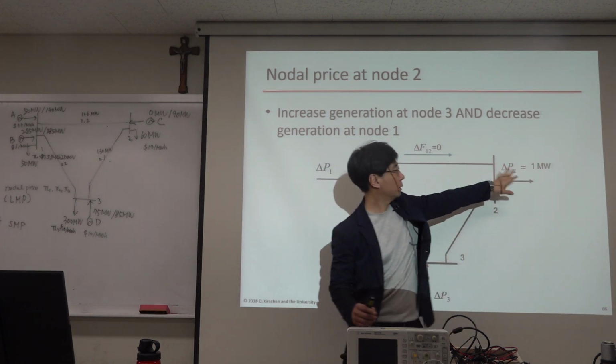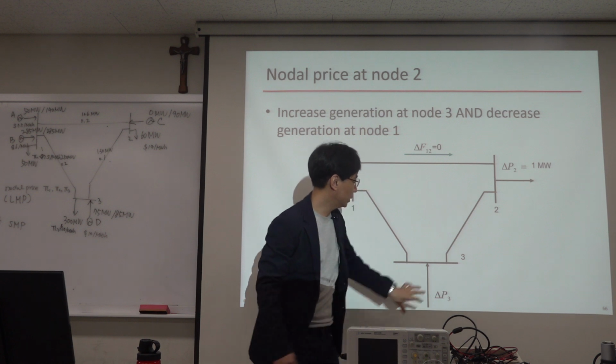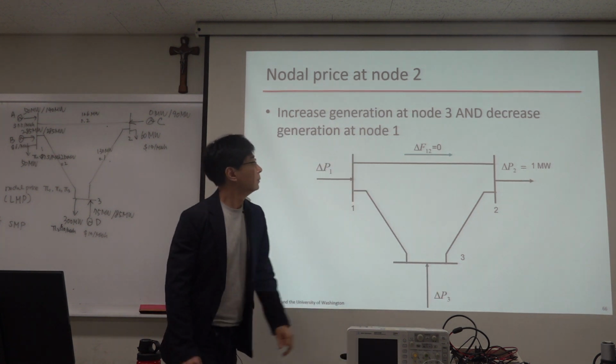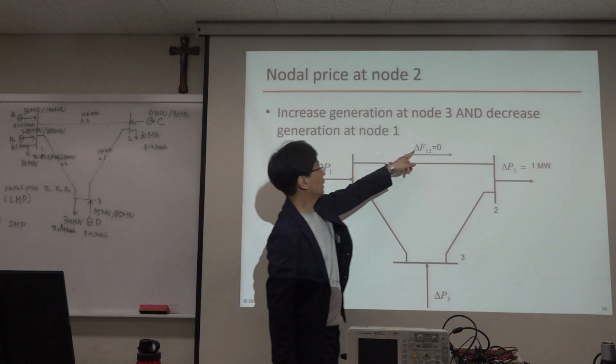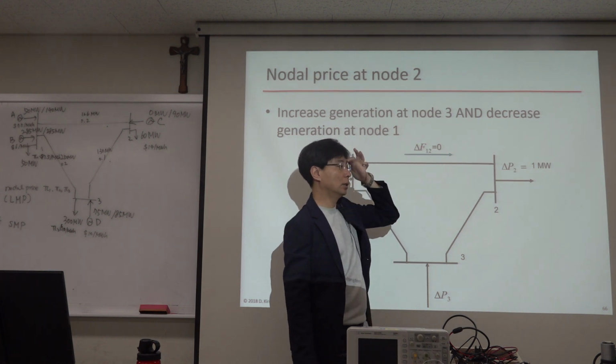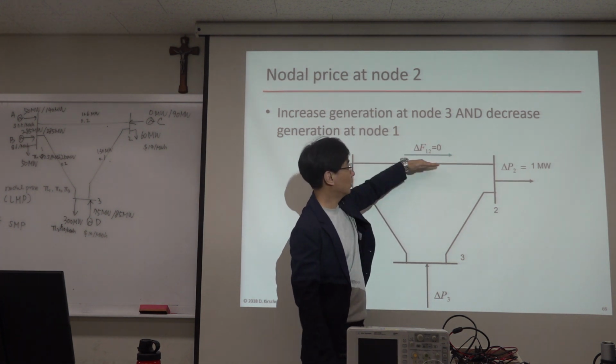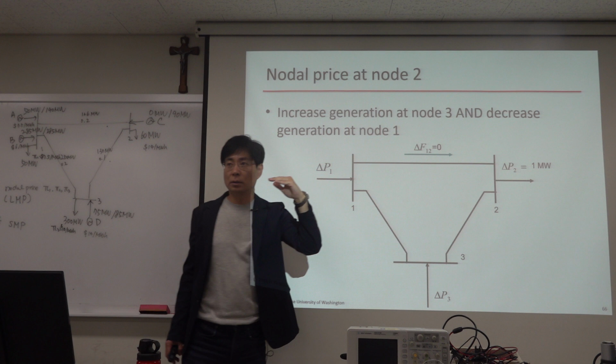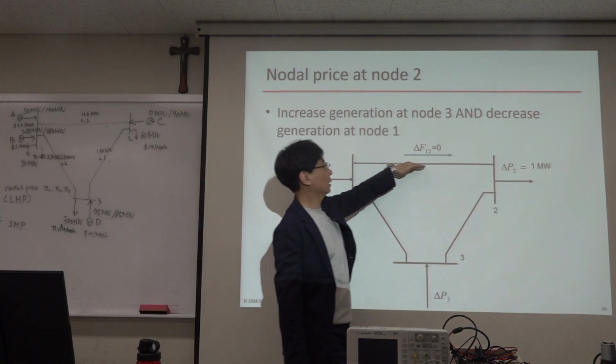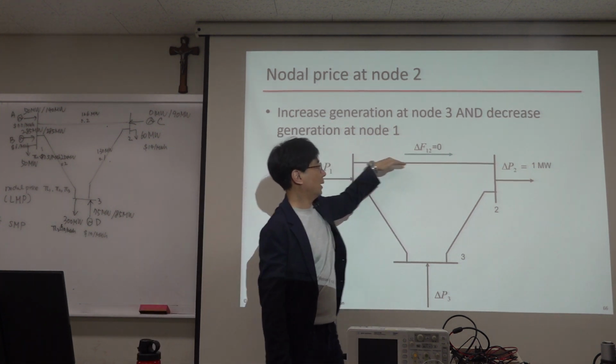So when the load is increased by 1 megawatt, how much do we need to inject here and there? Also, this delta F12 is the increased power flow on this line, but that should be 0 because the constraint is binding now.